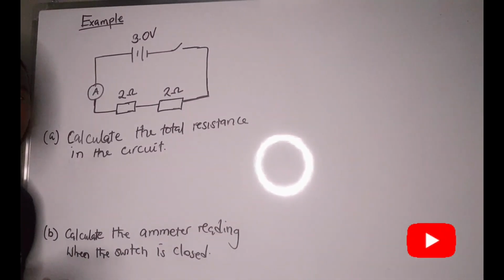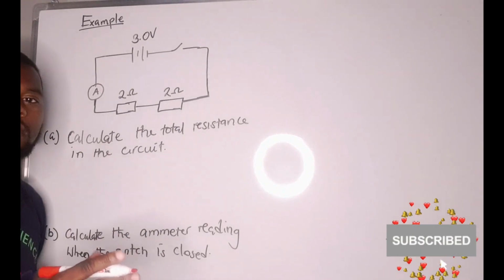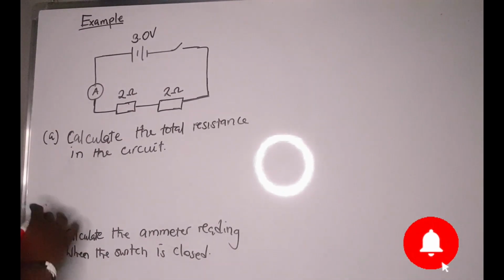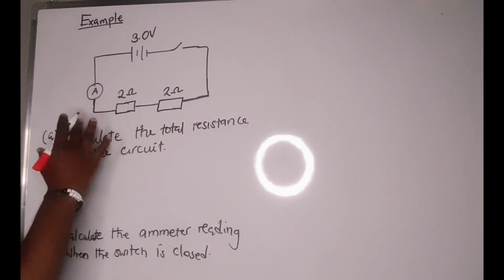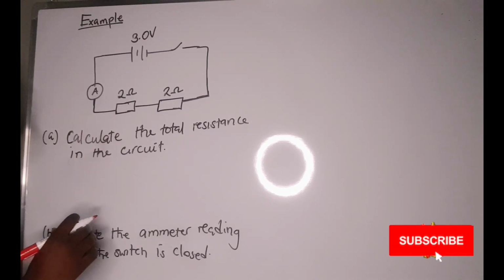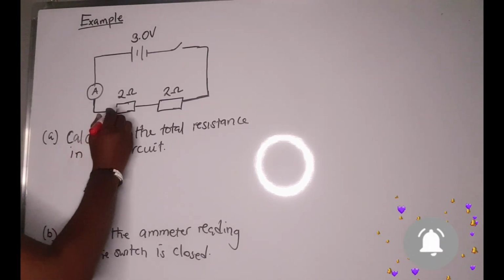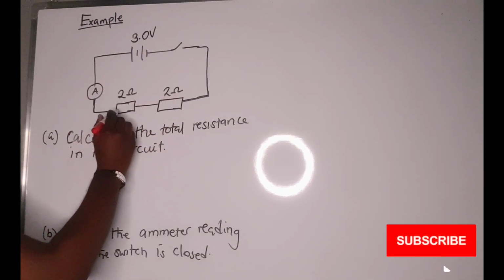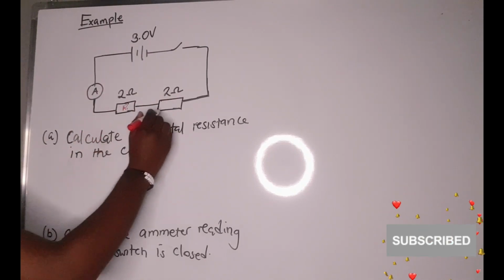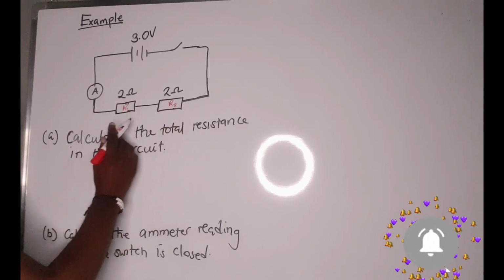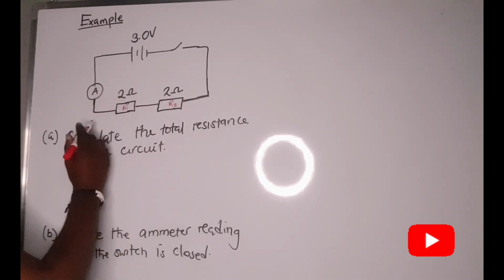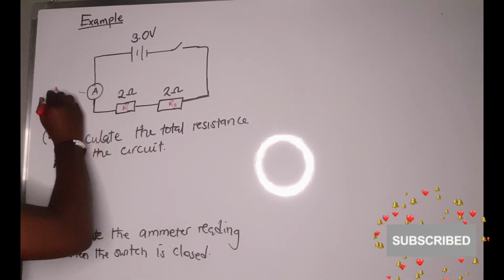Let's look at this example. A 3.0 volts supply is connected to two resistors. Looking at this diagram, this is R1 and this is R2, and then we have the ammeter here.